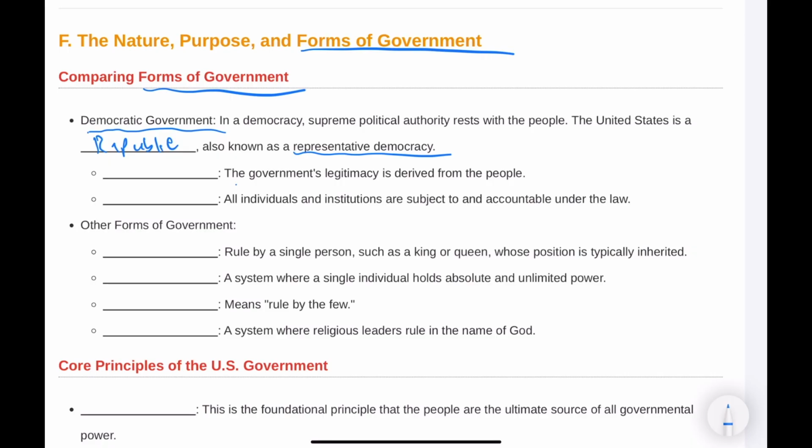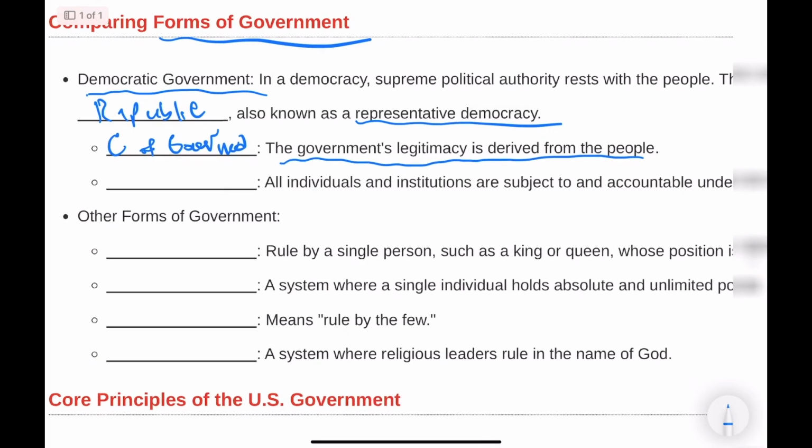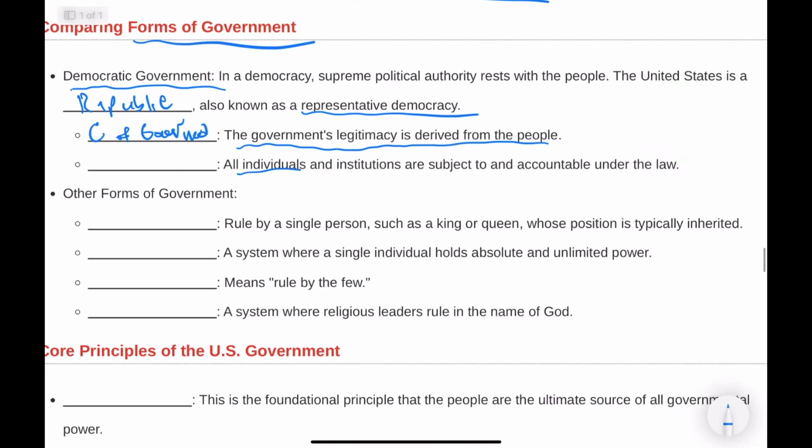Next, we have the government's legitimacy is derived from the people, and that is the consent of the governed. And here we have all individuals and institutions are subject to and accountable under law. That is the rule of law.